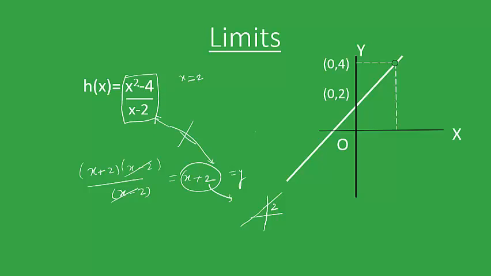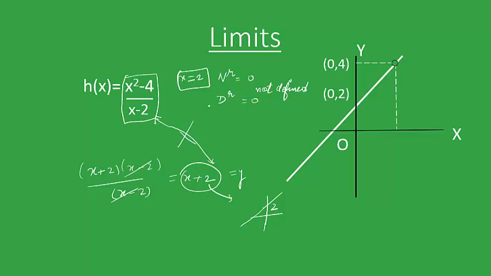At x equals 2, the numerator is equal to 0, as 2 square minus 4 is 0, and the denominator is also 0. So basically we have an undefined situation at x equals 2. Therefore this point x equals 2 is not in the domain of this function, as the function becomes not defined at that point.